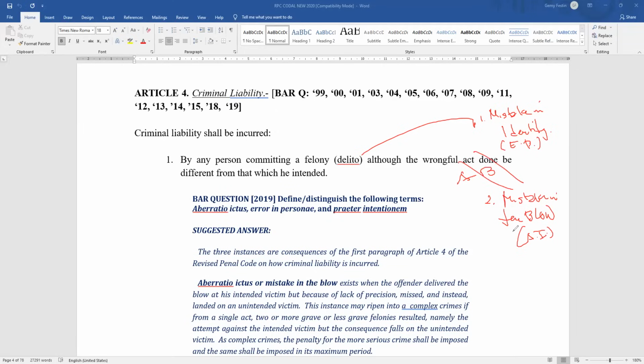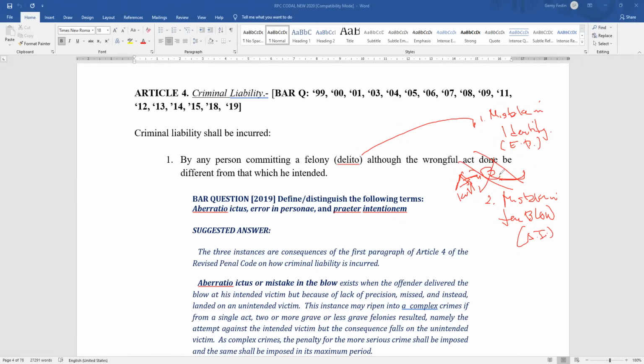So, meron siyang grudge against B. So, he waited for this person to walk along this narrow street, because he usually passes through this street every night after office. So A waited for B, and he waited to kill B. So somebody passed through this street, and A, believing it was B, stabbed this person.